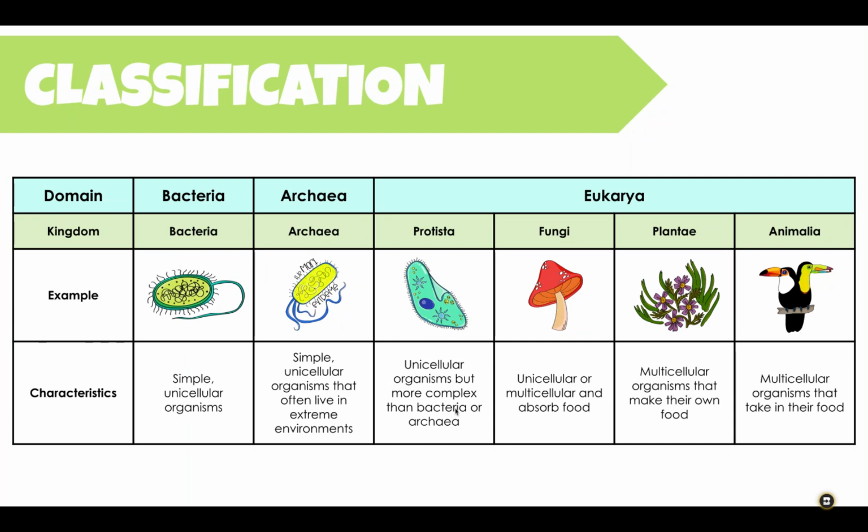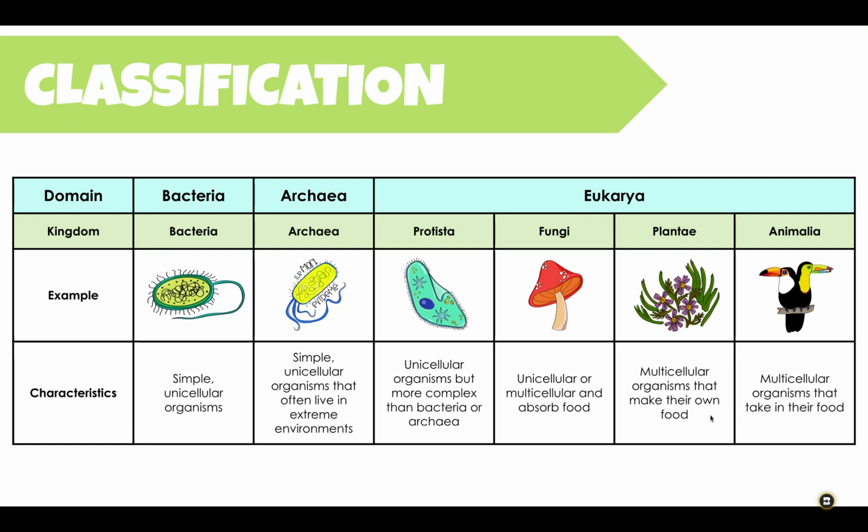So protists are unicellular organisms, but they're a little bit more complex than bacteria or archaea, so they get grouped out, and they're in eukarya, which means their cells must have a nucleus, which is what we see here in this diagram. Fungi, they could be unicellular or multicellular organisms, and what's unique is that they have the ability to absorb their food.